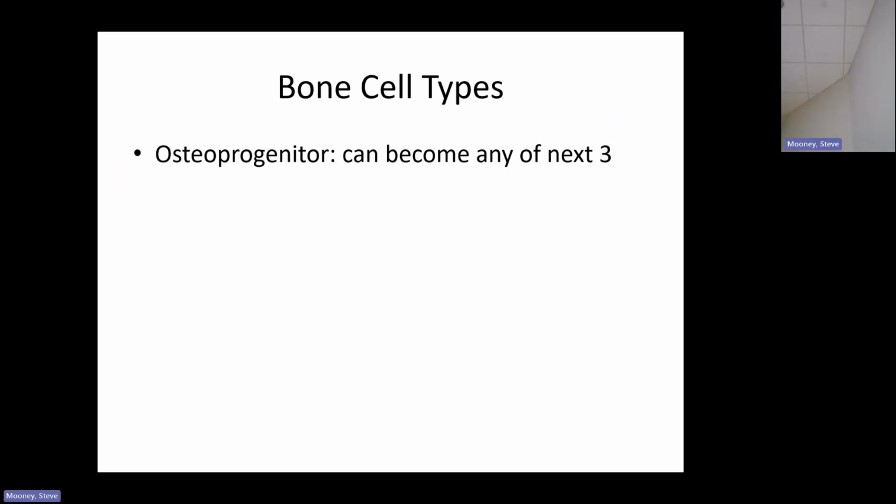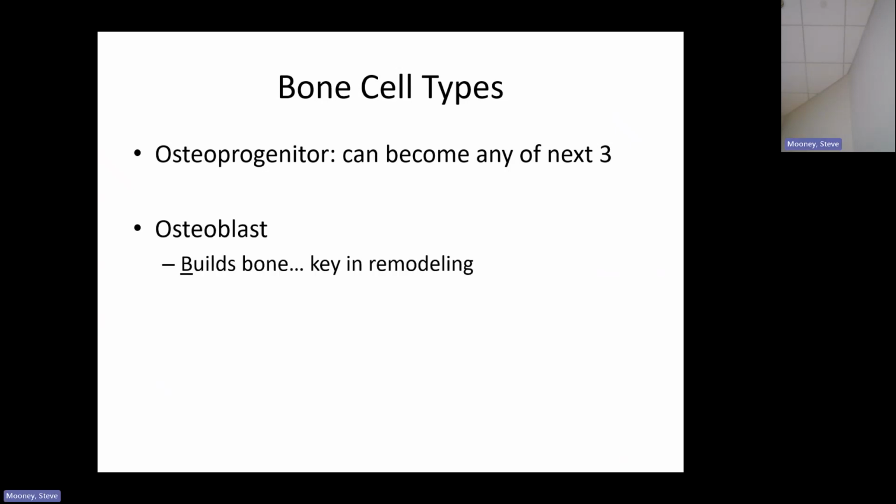You got a cell that's still in a generic form that hasn't completely differentiated. With our osteoprogenitor, we've got something that's differentiated from the generic cell enough to say you are going to be a bone cell. Which type is yet to be determined. So we have them in there, and they can turn into any of the next 3 as we go through.